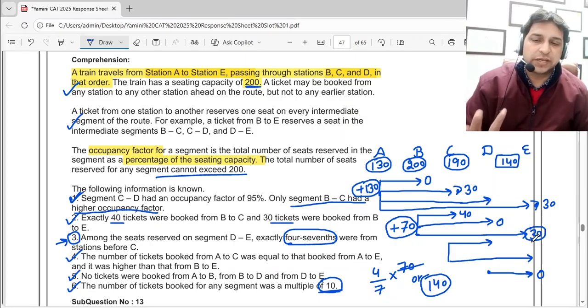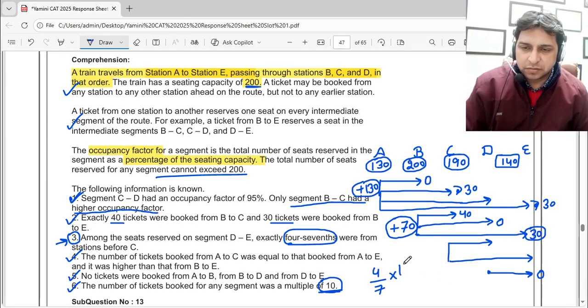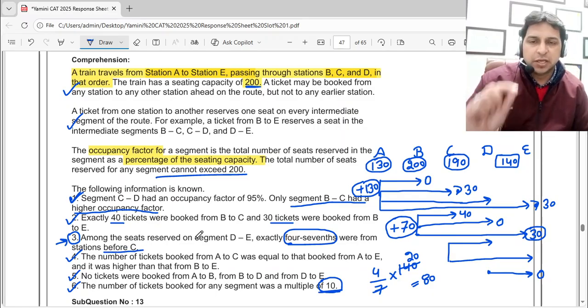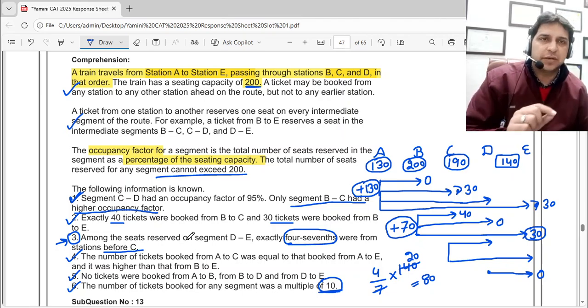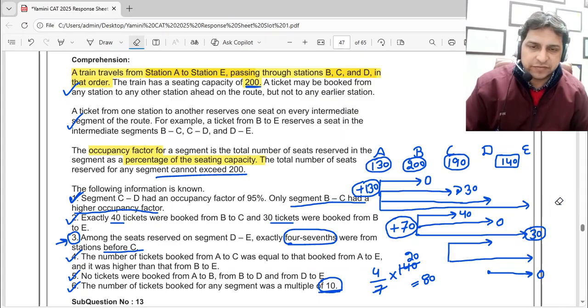I believe this point is quite clear: if we take 4/7 of 140, that comes out to be 80, and these 80 people are those who have tickets before station C. That means either at A or at B they booked the ticket for the E segment, till station E. From B to E we know that is 30, so the remaining 50 has to be from A to E. So this number is 50.